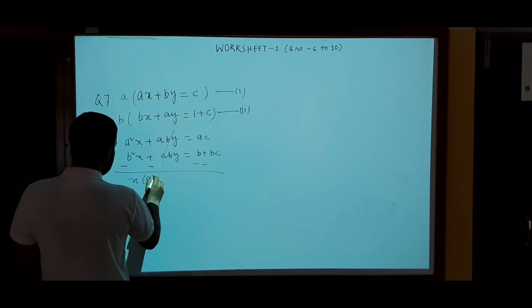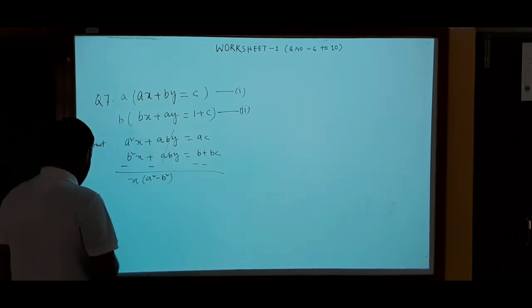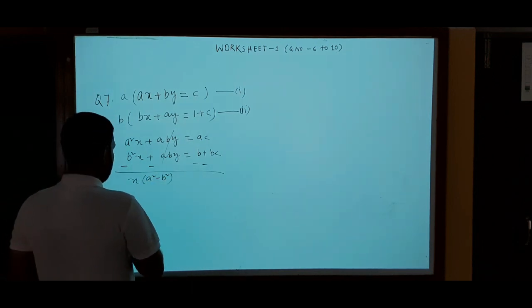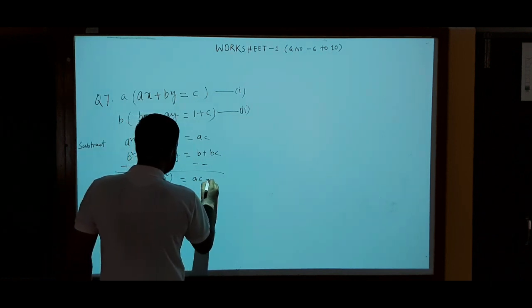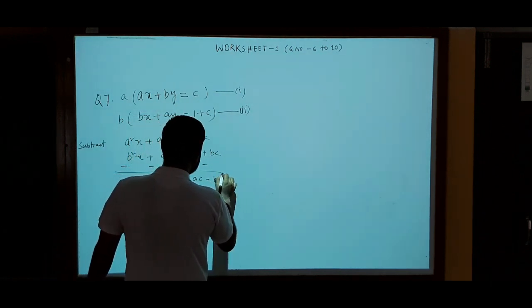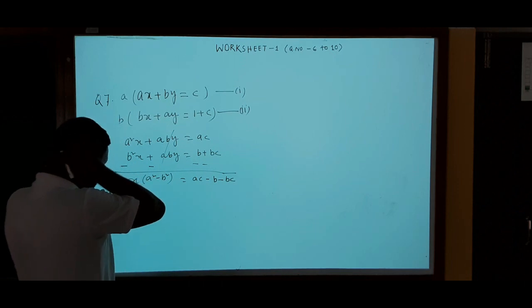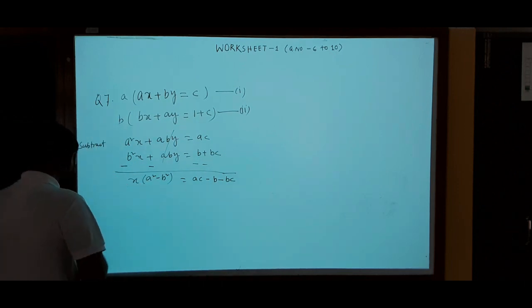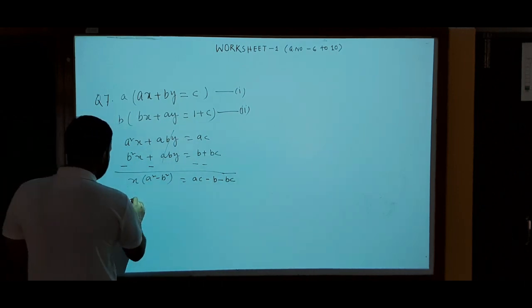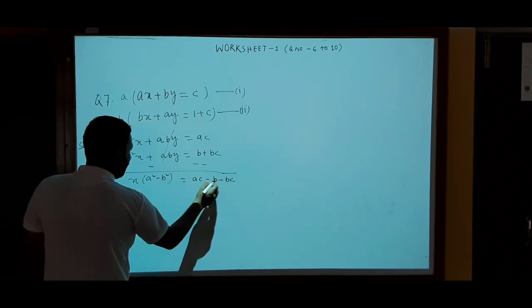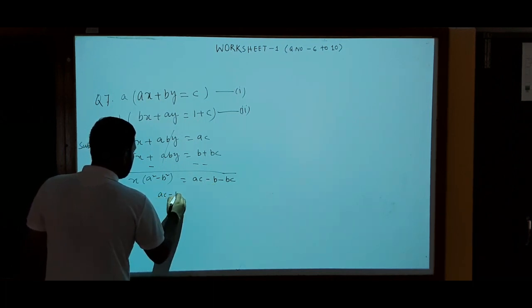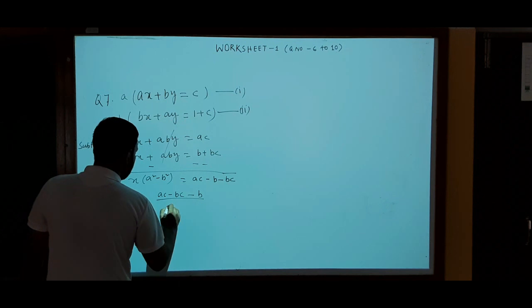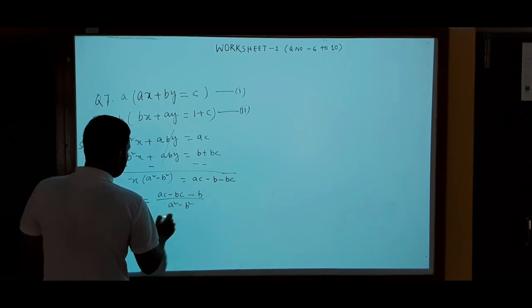So x into a square minus b square equals ac minus b minus bc. Correct? So now x equal to ac minus bc minus b also I can write upon a square minus b square.